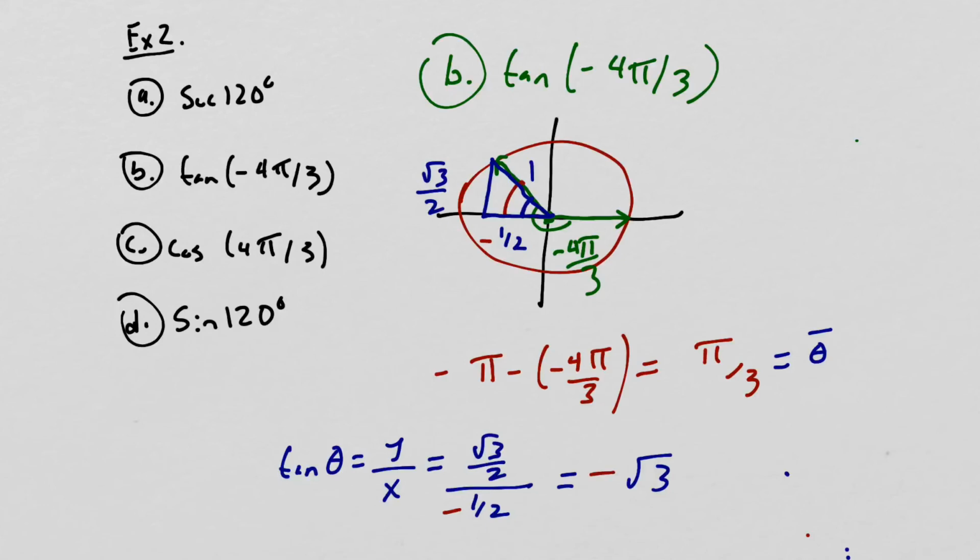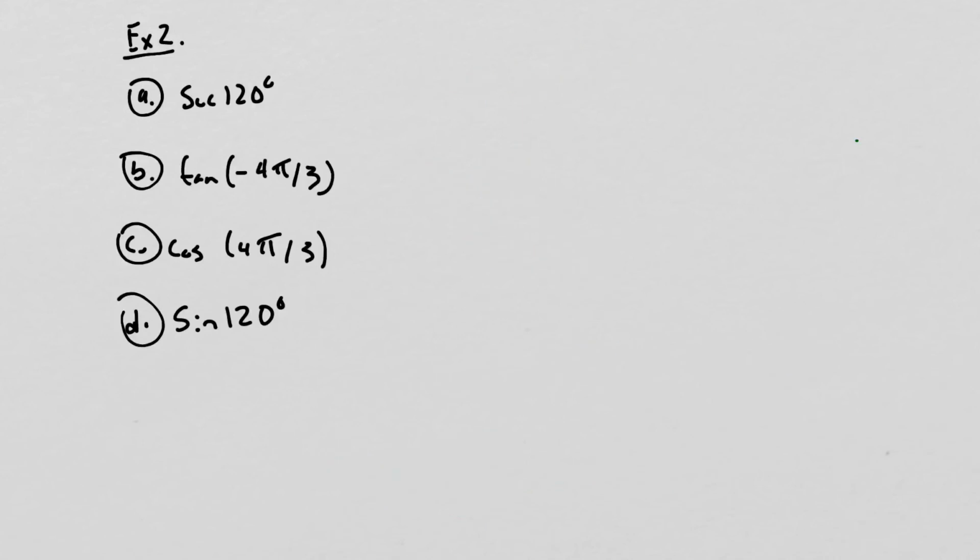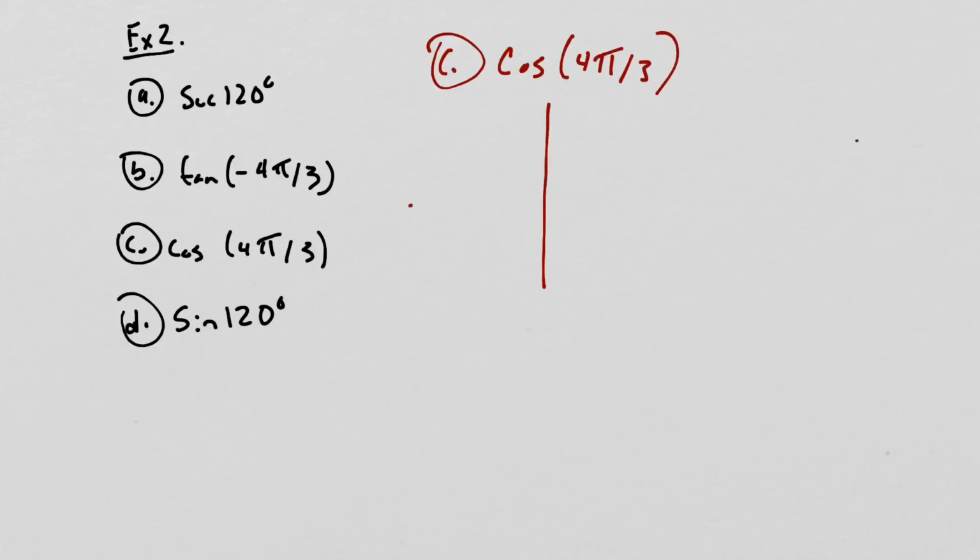Okay, let's look at part C. In part C, we're looking for the cosine evaluated at 4 pi divided by 3. Again, this is in radians, so we don't need to convert it. We can just go ahead and draw our unit circle. And we know 4 pi divided by 3 is greater than pi, but less than 3 pi divided by 2, which means our angle is going to lie in the third quadrant here.